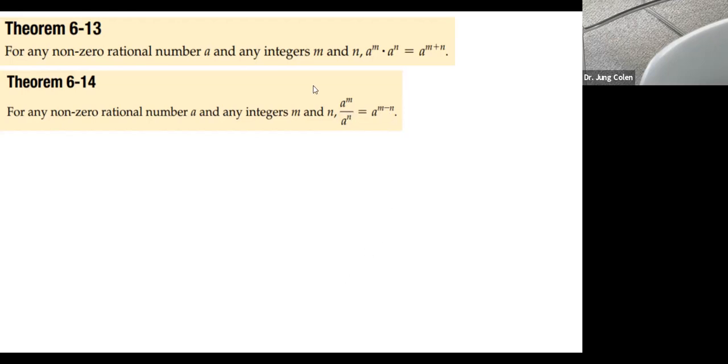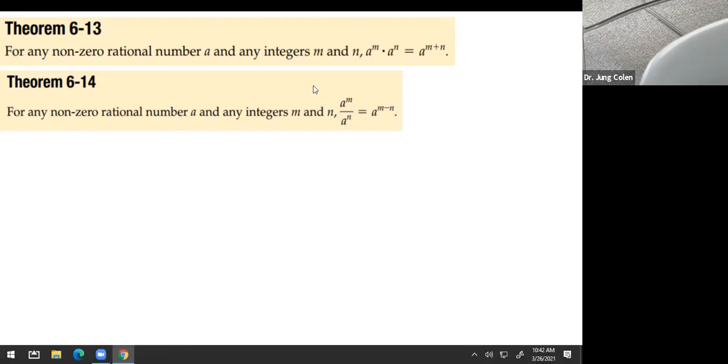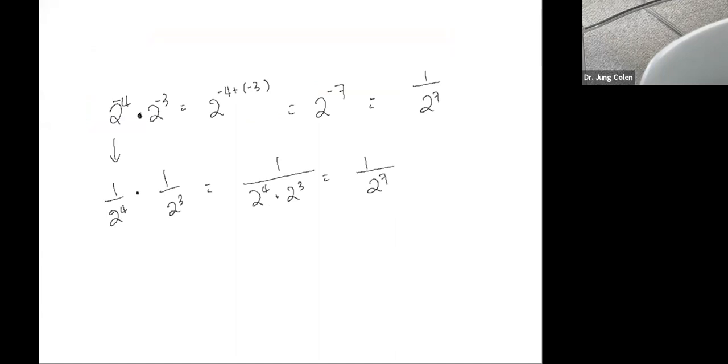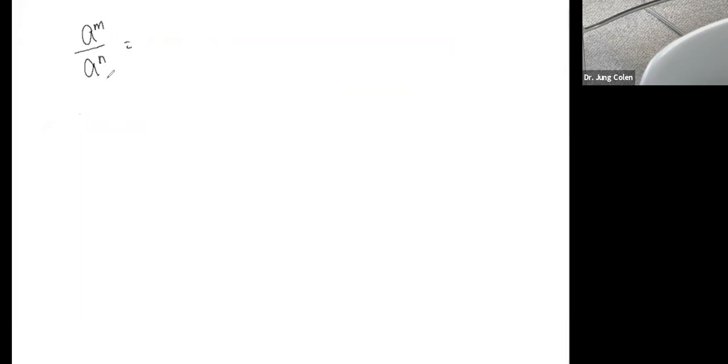So I will explain that to you. When you're looking at this, a to the mth power over a to the nth power, we know it's going to be a to the mth times 1 over a to the nth power. This is in the denominator, a to the nth is the denominator. So it is 1 over a to the nth power, right?